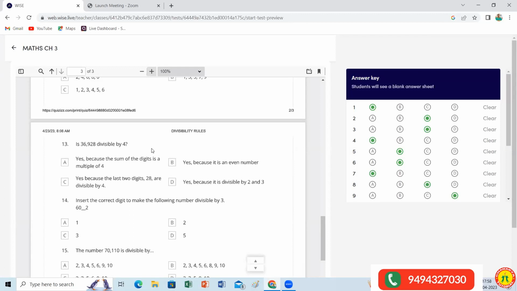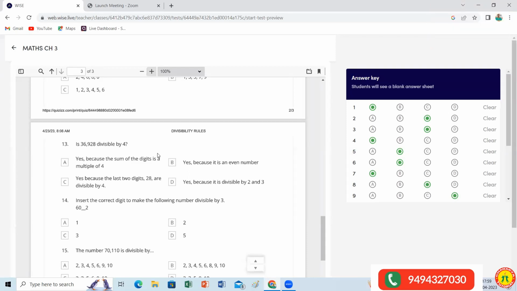Aishwarya is here? Yes, ma'am. What is the number in the tens place and ones place in the 13th question? Question number 13. What is the number in the tens place and ones place together? Yes, ma'am, 28 is divisible by 4.